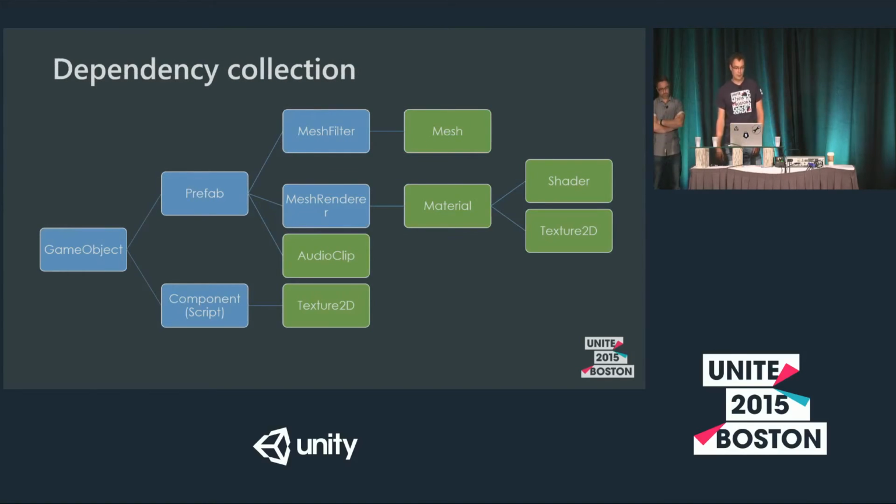Basically, every game object has components, at least one transform component, and any other components might be standard, like mesh filter, mesh renderer, or your own components you wrote in scripts. And they also might reference different assets: textures, meshes, shaders, audio data. So we traverse the whole scene hierarchy and build a list of used assets in the specific scene.